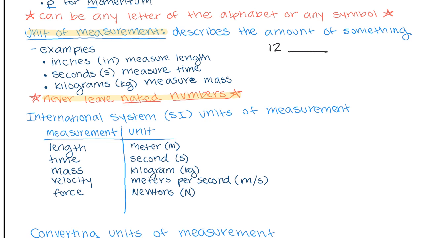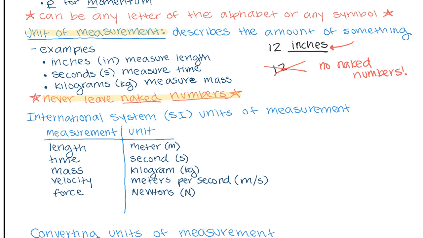Always, always, always make sure you include your unit of measurement. If we just were to say 12, this is what we call a naked number. We do not ever want to leave a naked number. Always make sure we include the unit of measurement there.